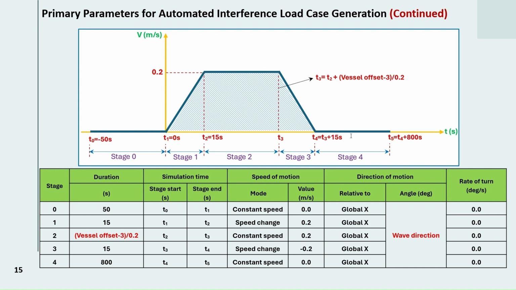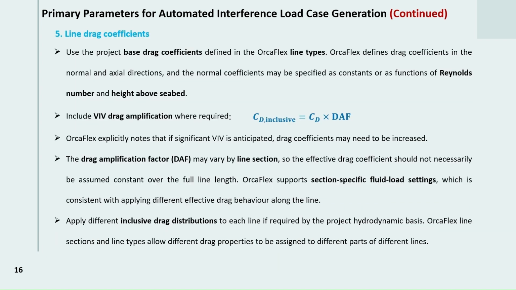And the red entries in the table are the case dependent values. They must be updated for every interference load case so that the vessel motion matches the required offset and the correct environmental direction.